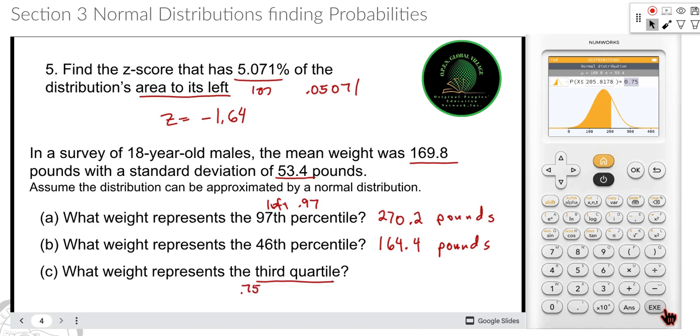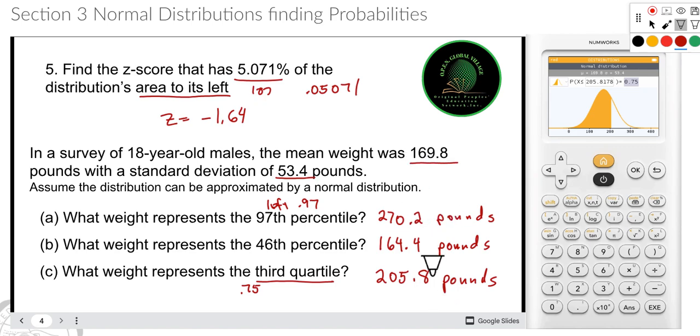Much cleaner calculations allow us to focus on answering these questions, because the answer we get is directly in pounds, not z-scores that have to then be converted back to pounds. 205.8 pounds, and that's what it is.